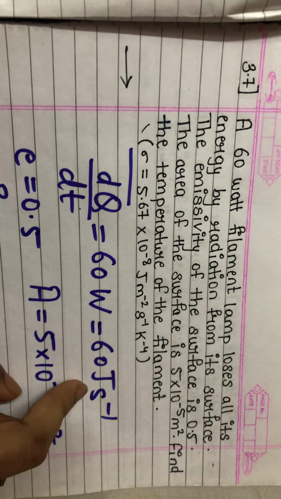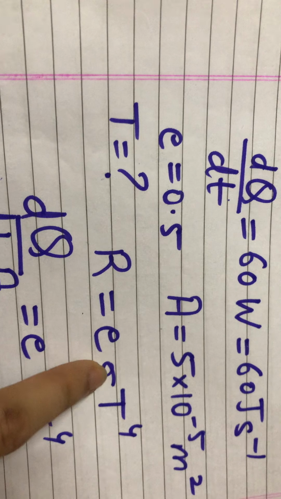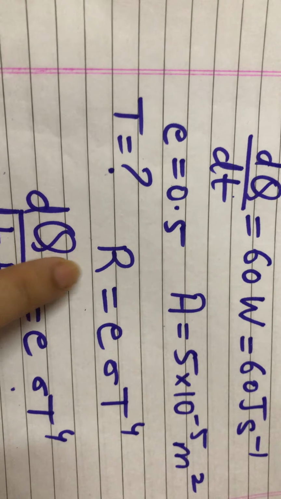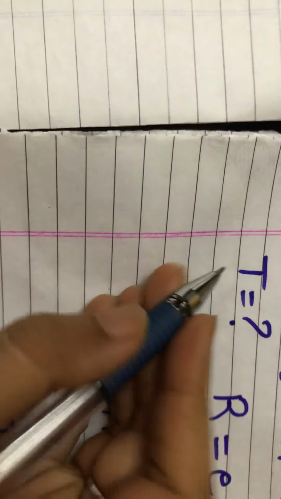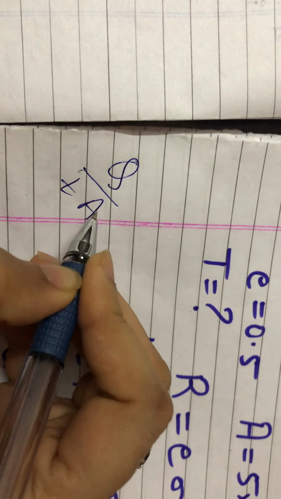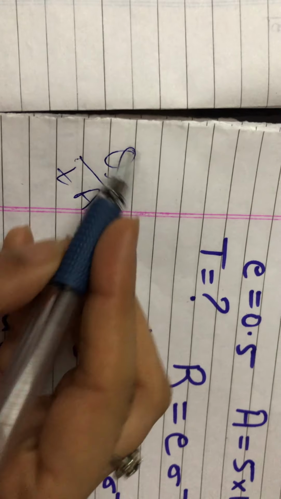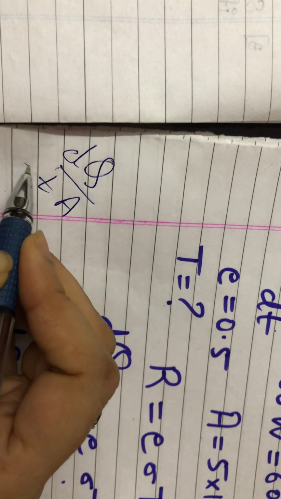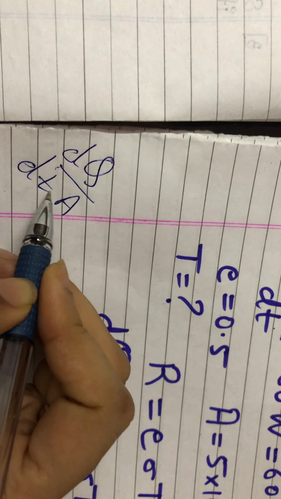Here it is not a black body, so the emissive power of an ordinary body is given by E equals e sigma T raised to 4, and this emissive power is nothing but the amount of heat radiated per unit time per unit area. So we have the rate of heat radiated, dQ upon dt A, which is equal to the right hand side.